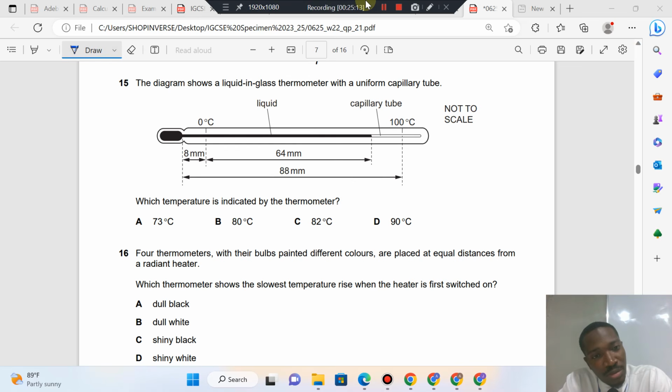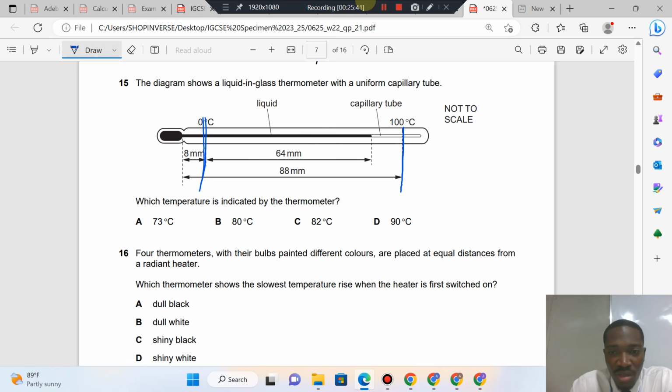Now, look at this. The 0 degrees Celsius is at a distance of 8 millimeter. 100 degrees Celsius is at a distance of 88 millimeter. That means the fundamental interval, the gap between 0 and 100 on the temperature scale, is 100 minus 0, which gives us 100 degrees Celsius.